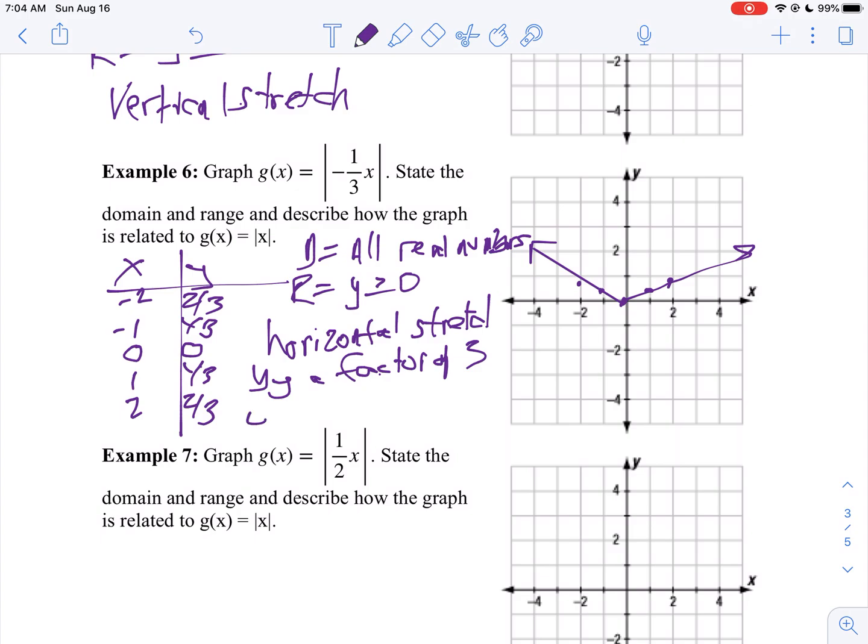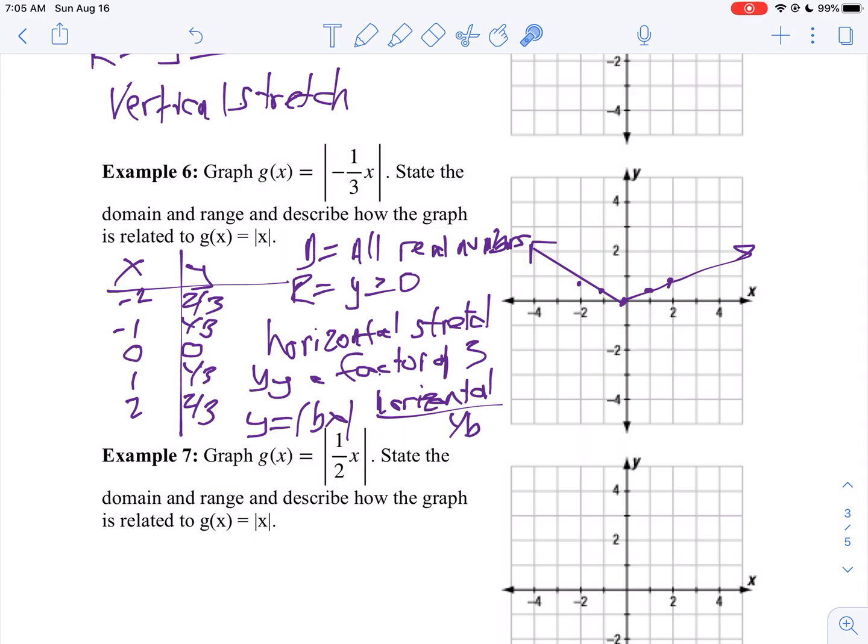If you have y equals the absolute value of bx, your horizontal stretch or compression is going to be by a factor of 1 over b. So if I take 1 over 1/3, I'm stretching this out horizontally by a factor of 3.